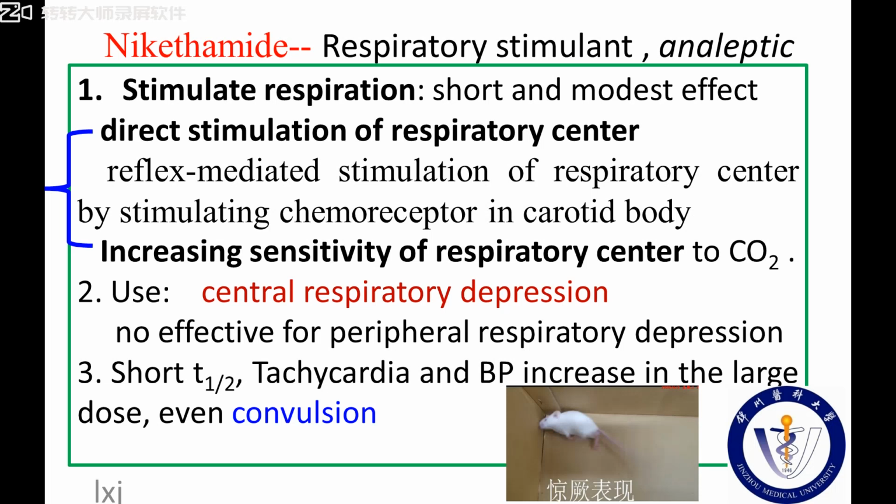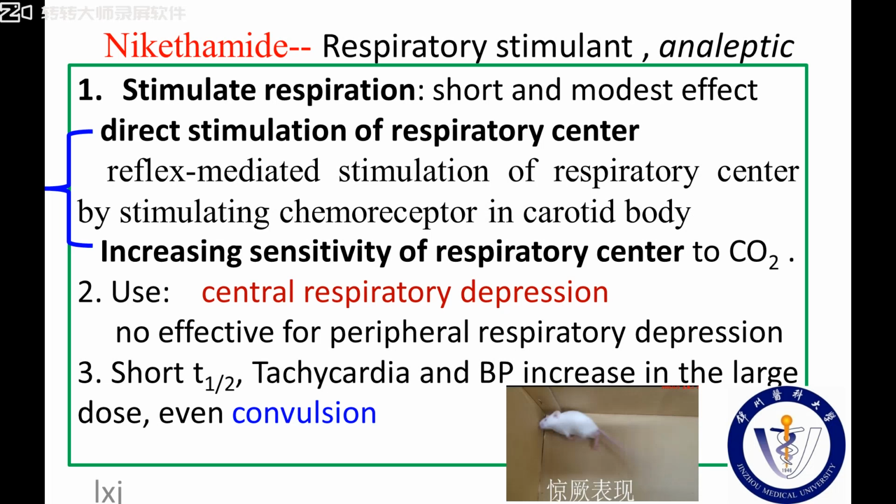But remember, nicotinamide is only effective to correct central respiratory depression. It is not effective for peripheral respiratory depression. And only use nicotinamide at therapeutic dose.